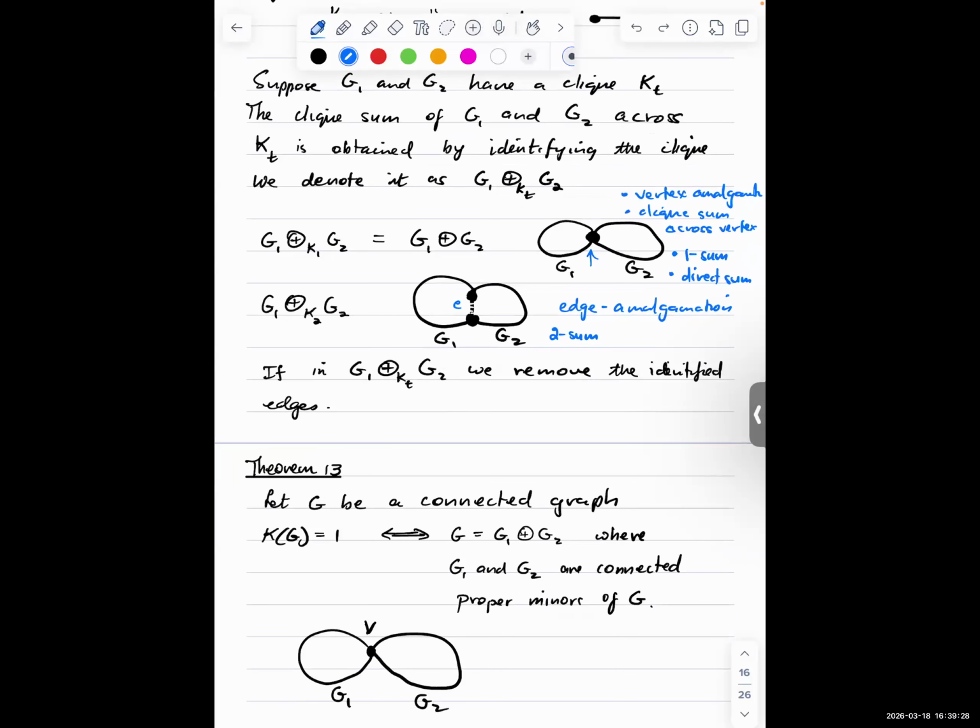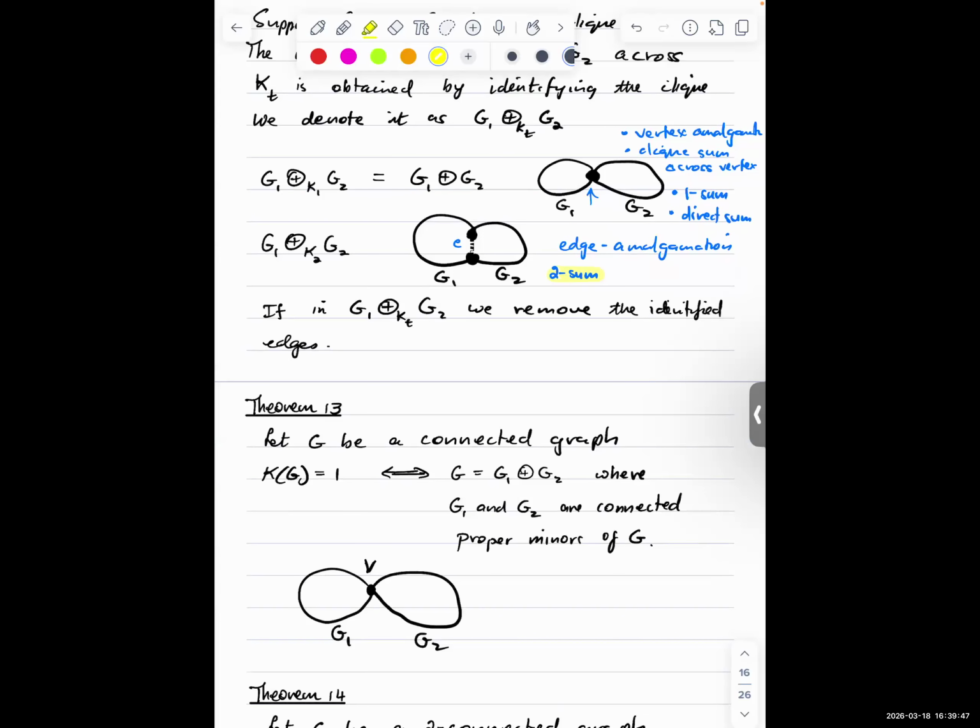I have not seen another term for it. So fortunately, we just have edge amalgamation for clique sum across K2 and two sum for the edge removed. And that appears to be a unique terminology.